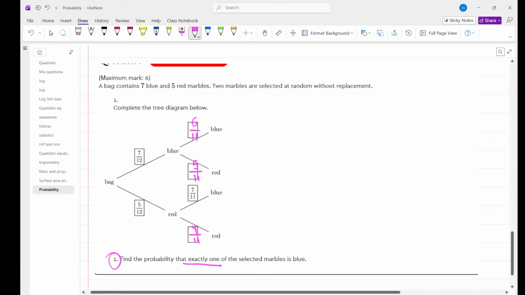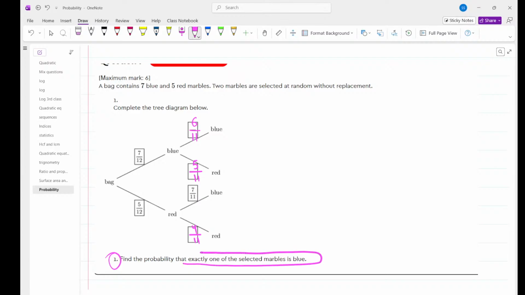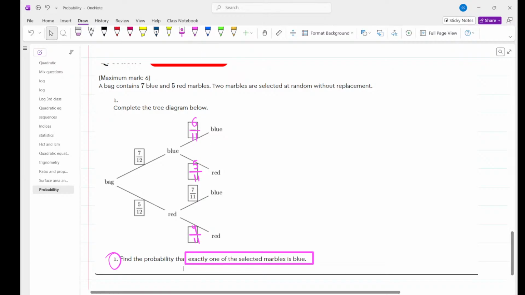This one. Find the probability that exactly one of the selected marbles is blue. So the probability that they're both not blue is 5/12 times 4/11, right? So 5/12 times 4/11, then 1 minus answer. Oh, find the probability that exactly one of the selected marbles is blue.